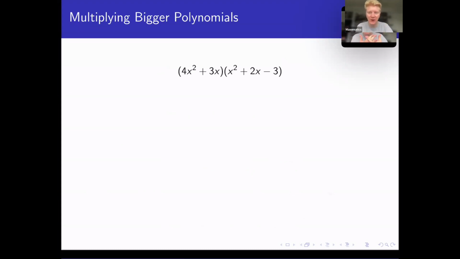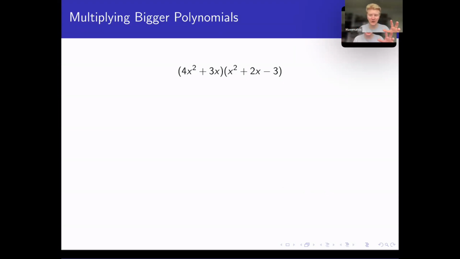So we had foiling, but what we can do now is multiply anything bigger. So what you might have noticed when we were foiling is that each term in one polynomial is going to each term in the next polynomial. So, right, the first term in foiling went to both the first and second terms in the second polynomial.